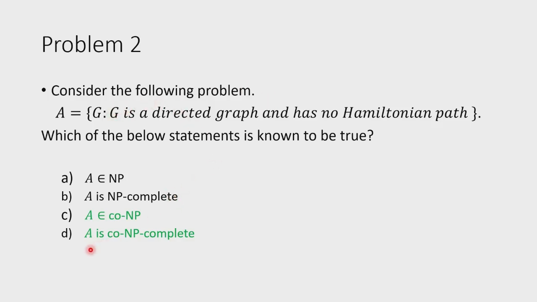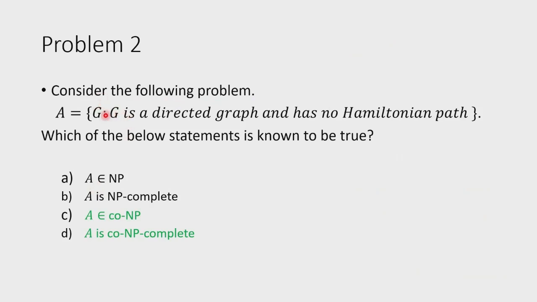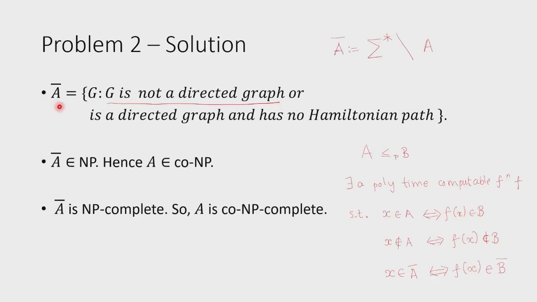Okay. So for a general language, A complement would just be this. However, if you don't have such a nice description of the language A, then it would be difficult to give a nice description of the language A complement. If you have a nice description of A, then almost always you can come up with a nice description of A complement.